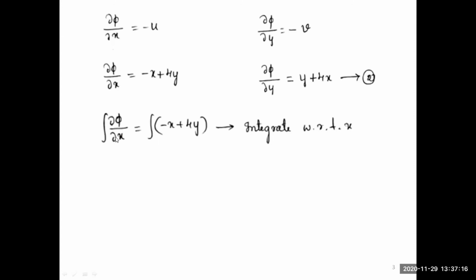The derivative and integral get cancelled, so phi is equal to the integration of minus x, which is minus x square by 2, and the integration of 4y with respect to x, which is 4xy, plus the integration constant c. We'll name this equation number 1.